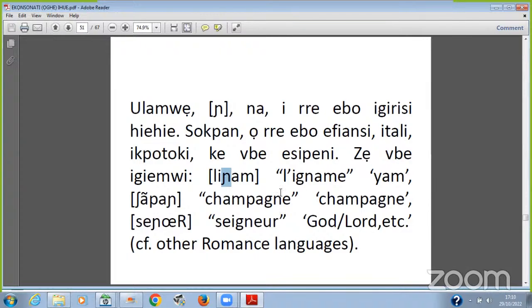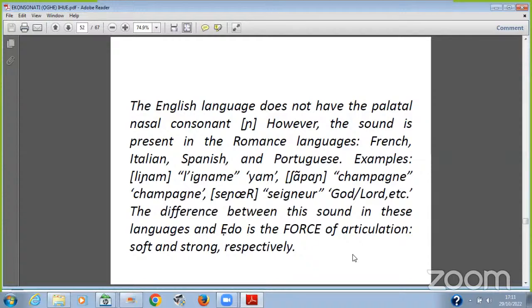It's the same thing in other, what we call the Romance languages. The Romance languages are French, Italian, Portuguese, Spanish, and Romanian. Those are the Romance languages. They are derived from Old Latin. The English language does not have the palatal nasal consonant ni.